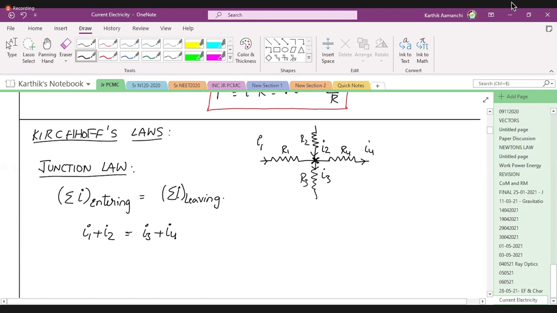You can take this as I1 plus I2 minus I3 minus I4 is equal to 0. Right?